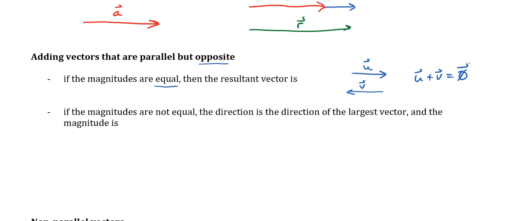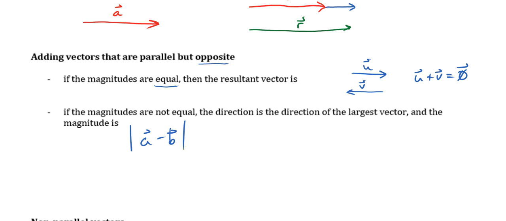If the magnitudes are not equal, this is like a complicated way of saying, duh, this is what you think it is. If the magnitudes are not equal, the direction is the direction of the largest vector, and the magnitude is the absolute value of a minus b. The reason I put the absolute value around it is it means regardless of which one's bigger.